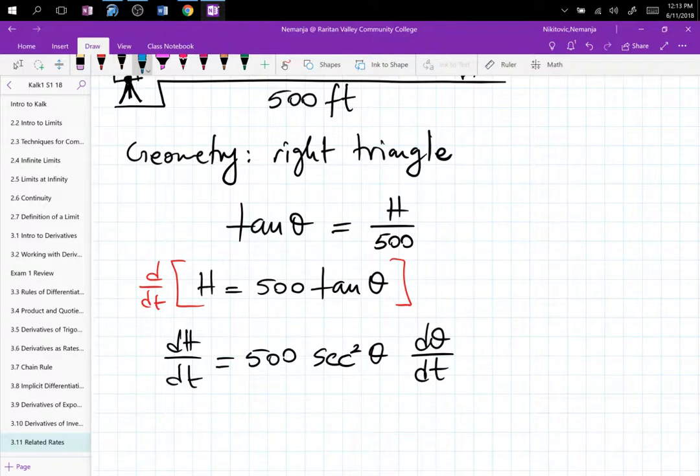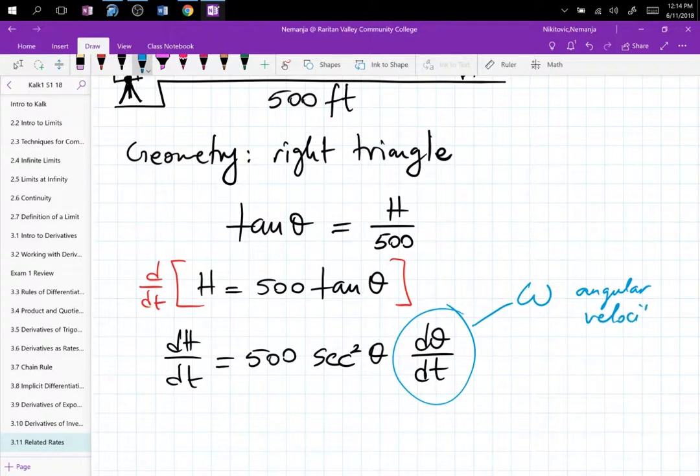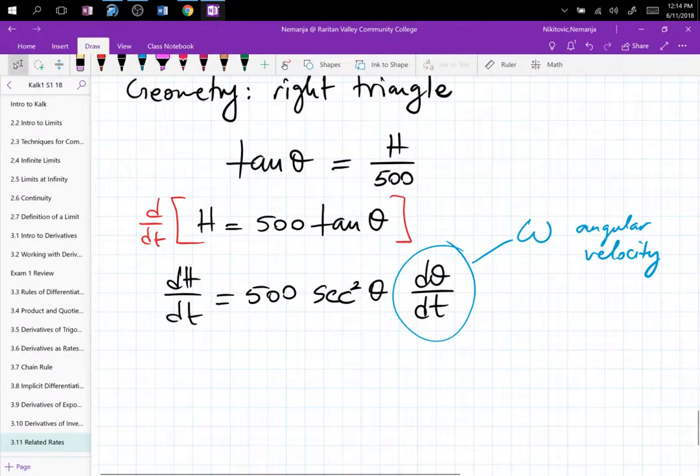Now I'm just going to circle this, and I say this is your omega from physics, angular velocity. That's what we are after, which means that I have to kick the other two things to the other side.